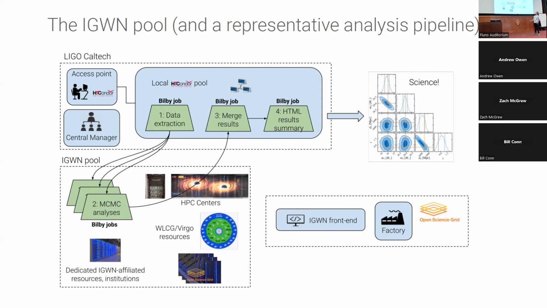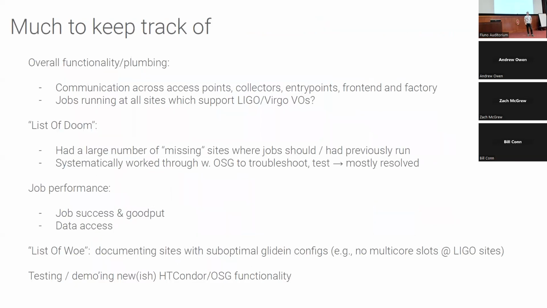But then the IGWN pool is essentially the set of distributed resources: various dedicated IGWN affiliated sites, HPC centers, WLCG places in Europe, and of course, various friendly OSG sites. And then the other aspect is the middleware layer, operated by OSG, so the dedicated IGWN front end and factories.